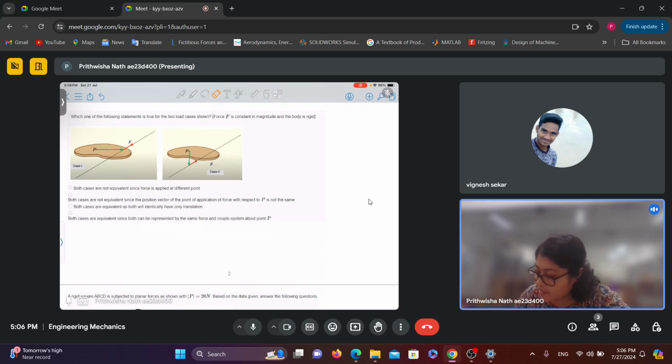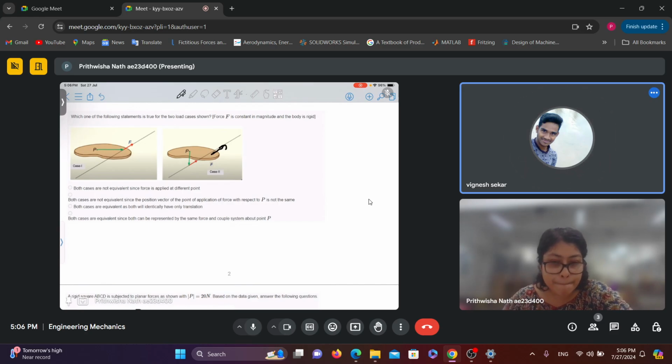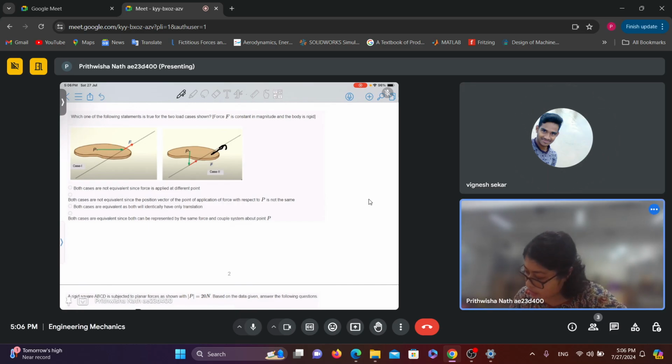So it can be represented by the same force and the same couple system about the point P. If I slide this force up here, to the same position as the first case, I can easily do that, since force is a sliding vector. So the fourth option is correct. Both cases are equivalent. Did you understand?